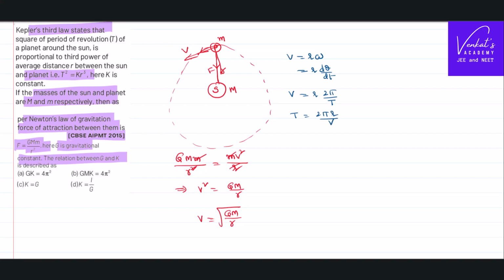Once we know this time period, we can go to the core rule that was being said here, that according to Kepler's law, T square is directly proportional to r cube. How do we get T square equal to r cube? From here I got T, now let's find T square. It becomes 4 pi square r square by v square, where v is the velocity of the planet with which it is revolving in the orbit.